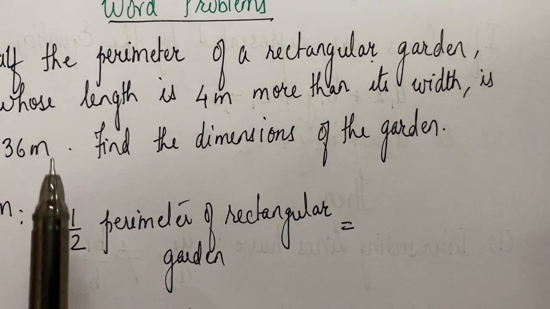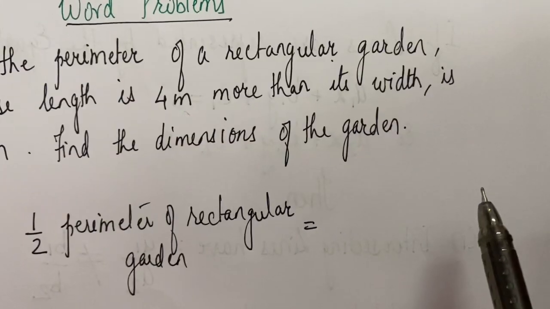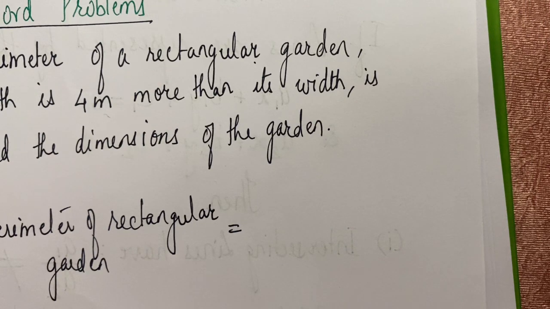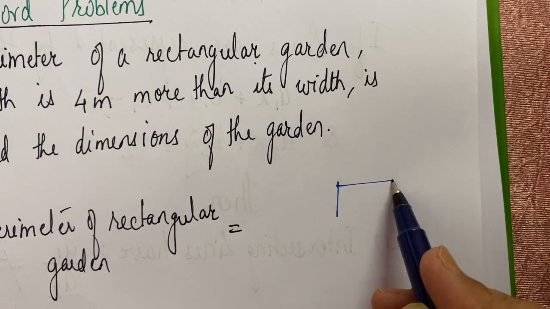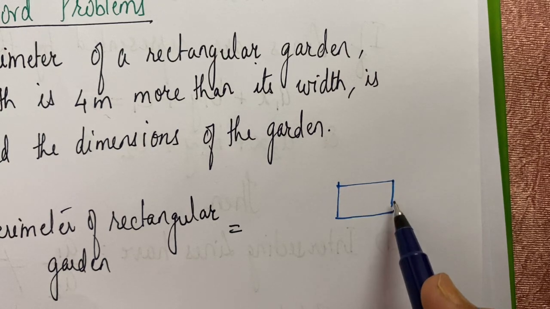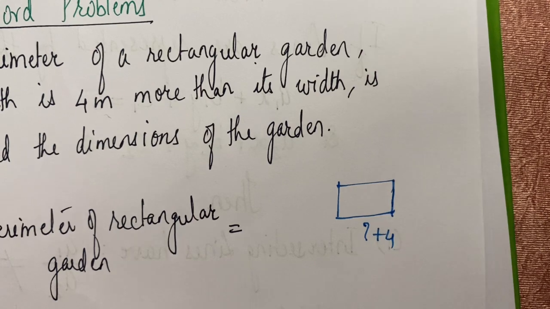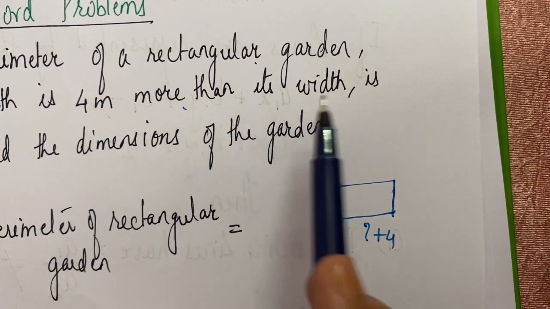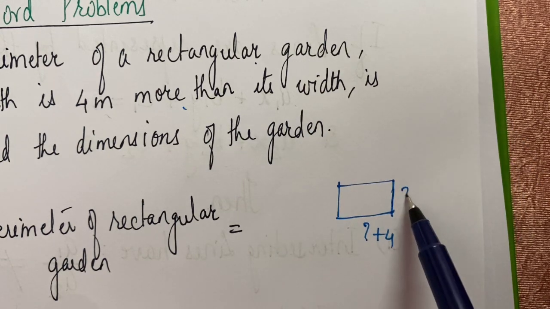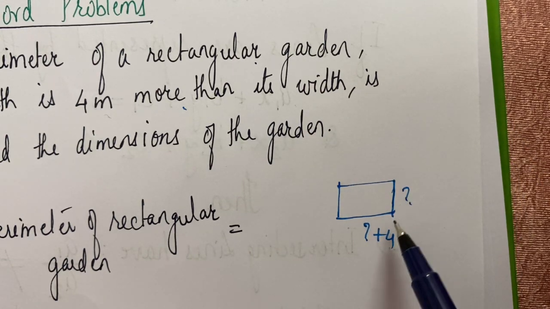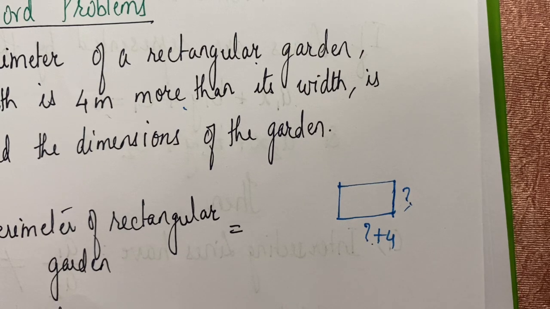Okay, whose length is, now this rectangular garden, if you are going to show it by means of a figure, this is your rectangular garden, the length is 4 more than its width. Whatever is this width, this length is 4 more than the width.